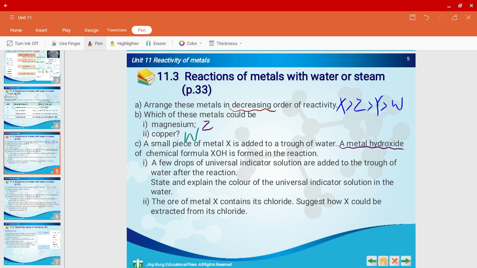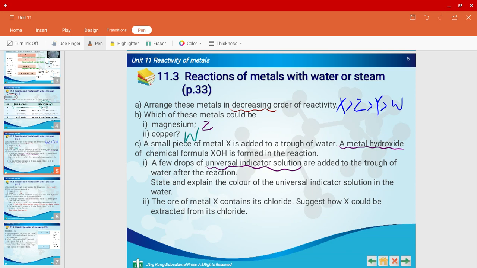Okay, so again, we've already done this particular type of question. You can see the question types are repeating again now. So the universal indicator solution, for those of you that might have forgotten, tells us whether there's a presence of an acid or an alkali.